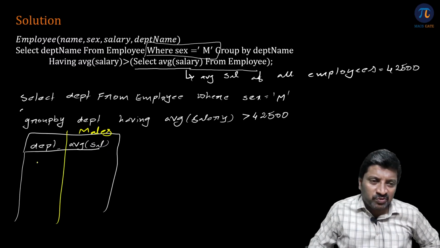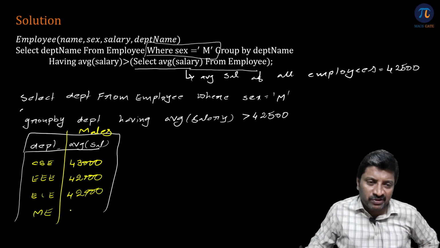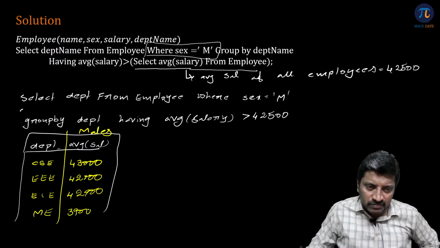Suppose the first department name is CSC, whose average salary is 40,000. The second department is EEE, whose average salary is 42,000. The third one is ECE, suppose it gets 42,900. The next one is the mechanical department, which gets some 39,000.